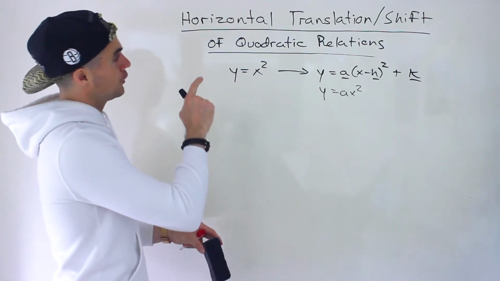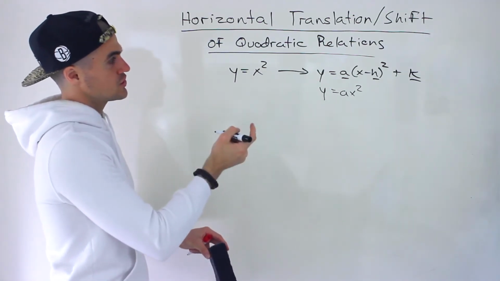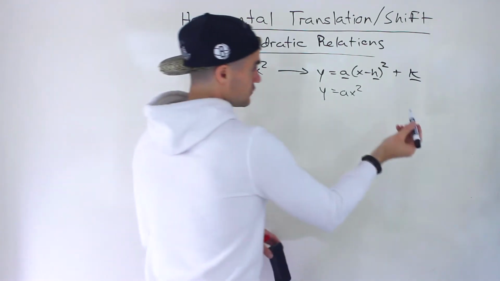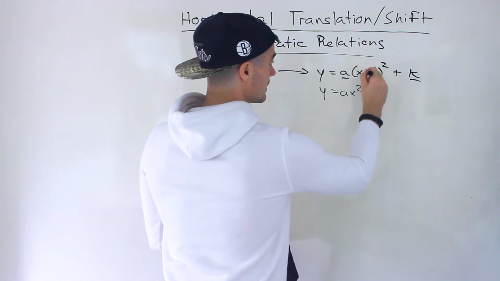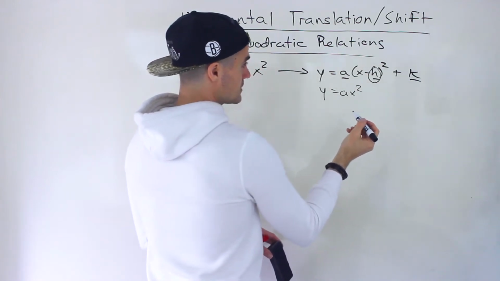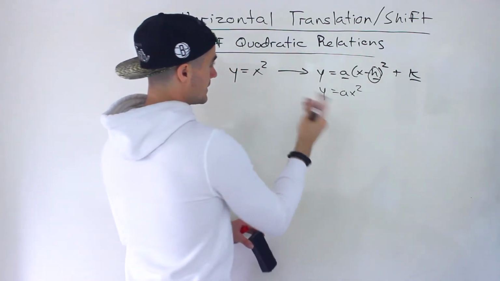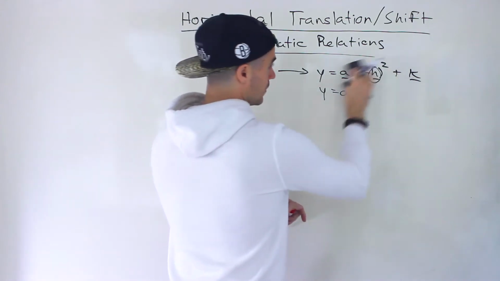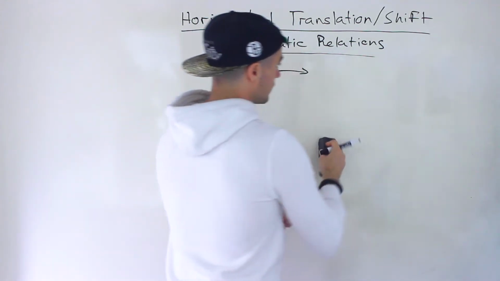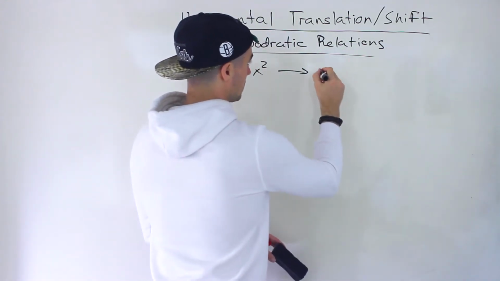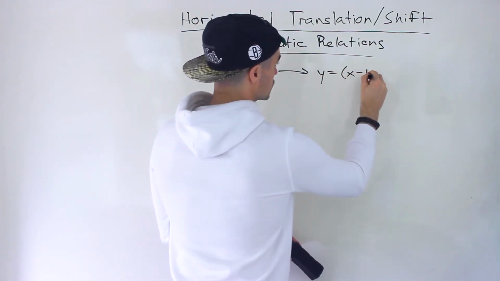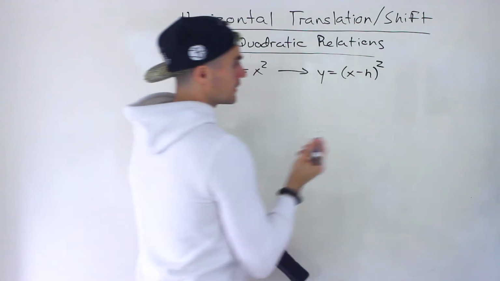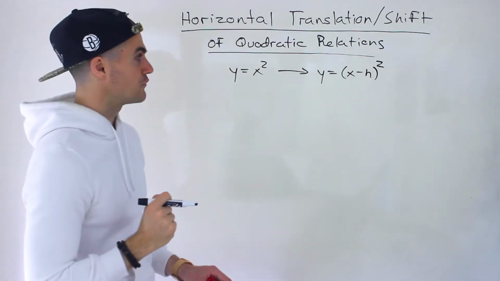Well, when we're talking about horizontal translations or shifts, the transformation value that we focus on is the h value. Okay, so in this particular video, we're going to forget about the other transformation values and we're going to focus on the h value. So the quadratics in this particular video are going to be in that format.